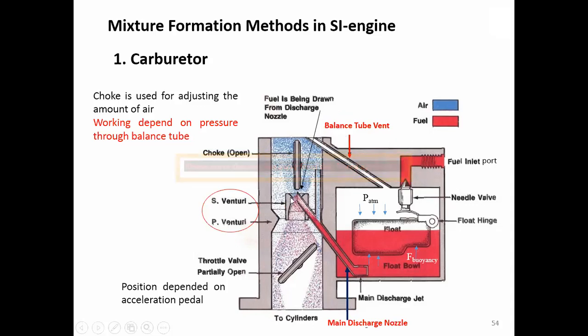This picture shows the carburetor. It consists of one chamber here that contains the fuel. The level of the fuel in this chamber is controlled by the float here.